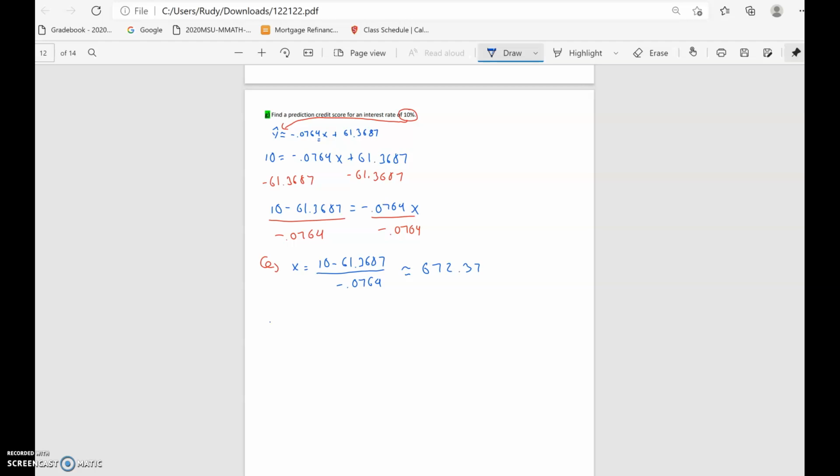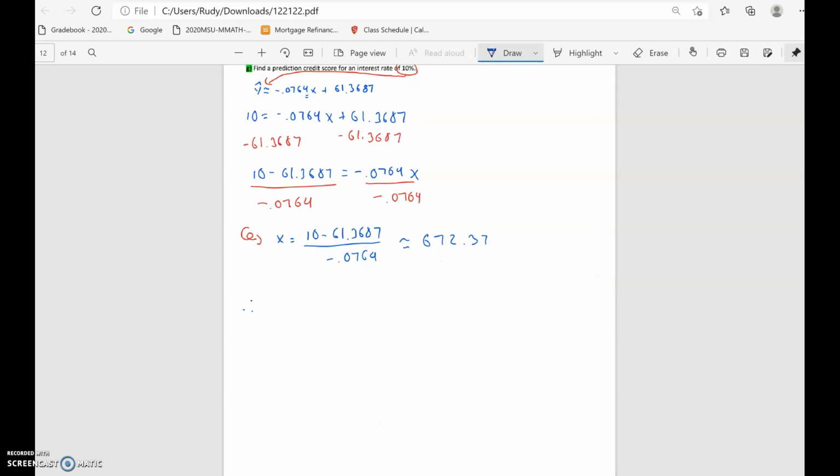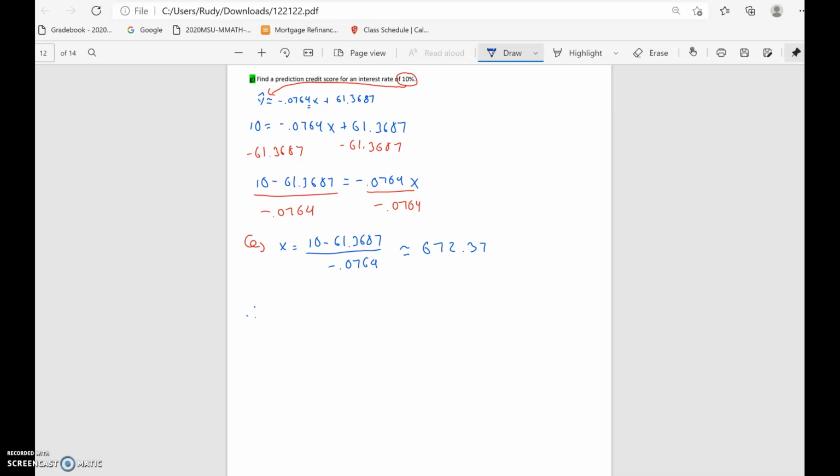Okay, so let me write it in a sentence. In this case, the predicted credit score for a 10% interest rate is approximately 672.37.